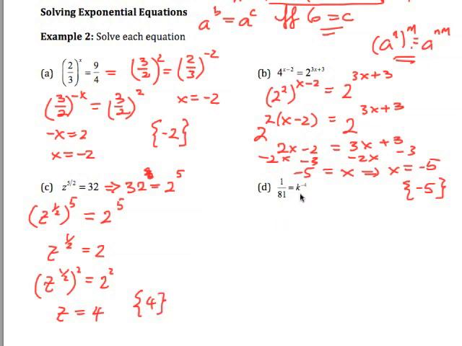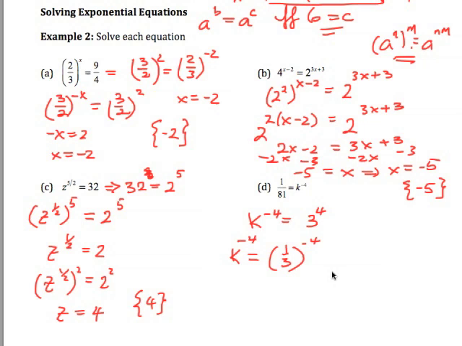And this one again, we have a base that we need to find. Now the thing about 1 on 81 is that we could write this as 3 squared, which is 9, so 3 squared by 3 squared, which is 3 to the 4. And of course we could write this k to the negative 4 as 1/3 to the negative 4.